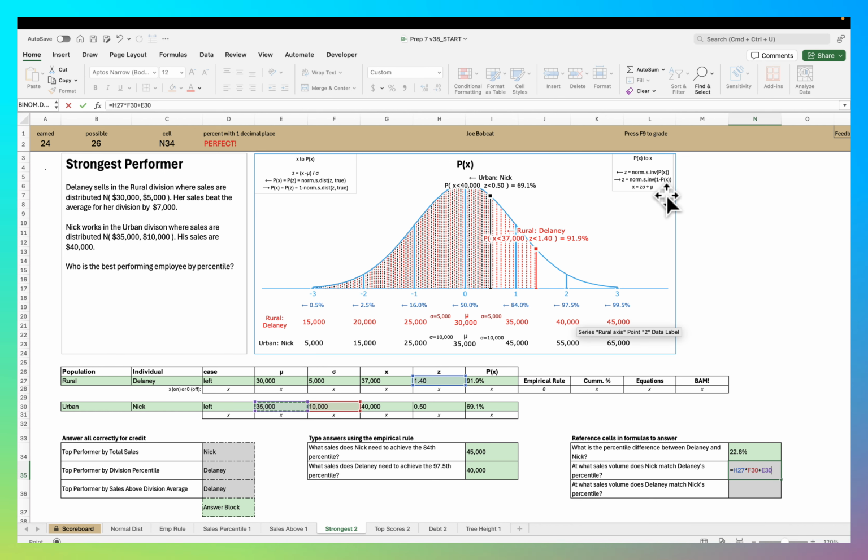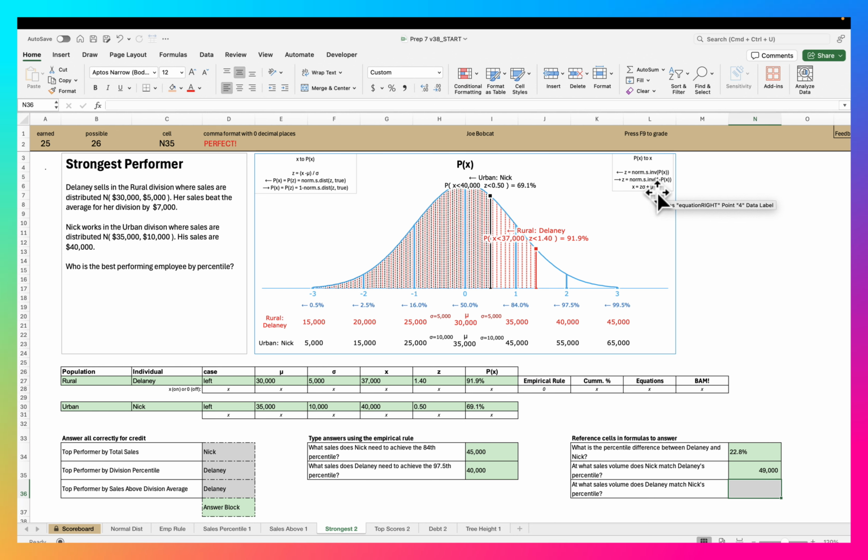We're actually using this formula here: x equals z times standard deviation plus mu. So that's 49,000.